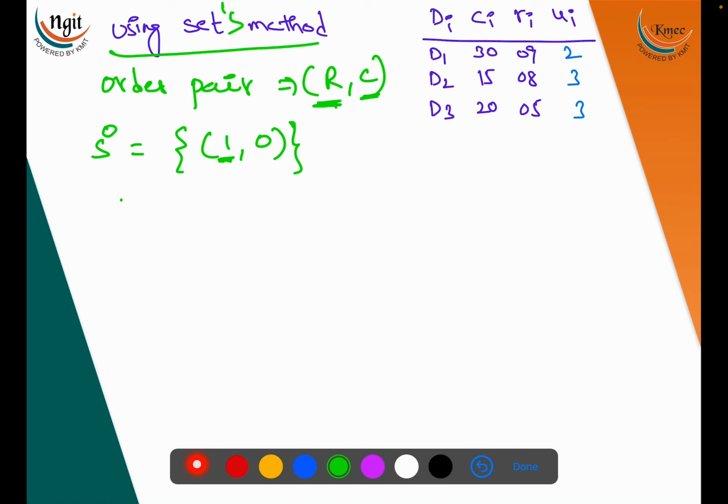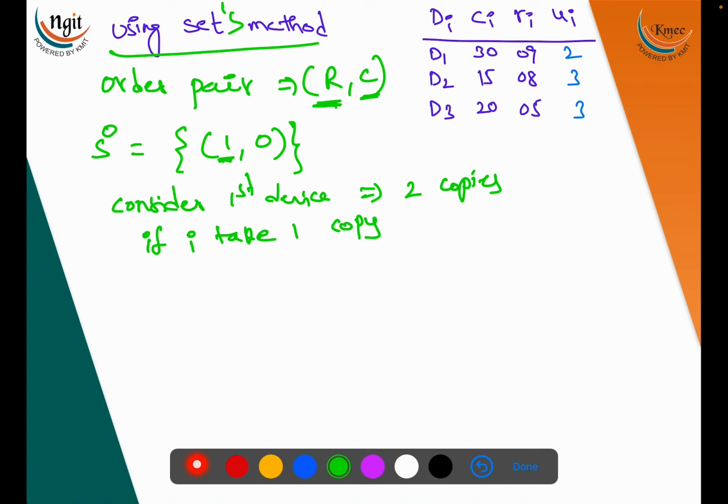Okay. Now I am considering the first device. I have the possibility of 2 copies. Now let's see, if I take 1 copy, then S1 is equal to, what is the reliability factor of the first copy? 0.9. 0.9 into 1 is 0.9, comma.